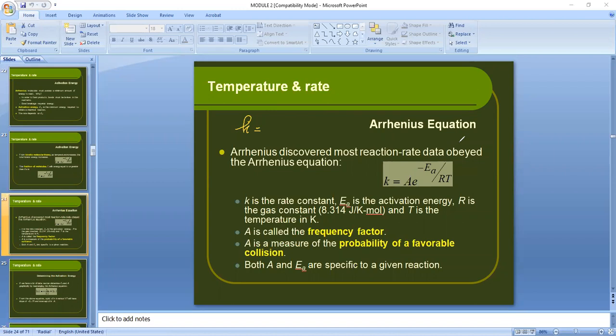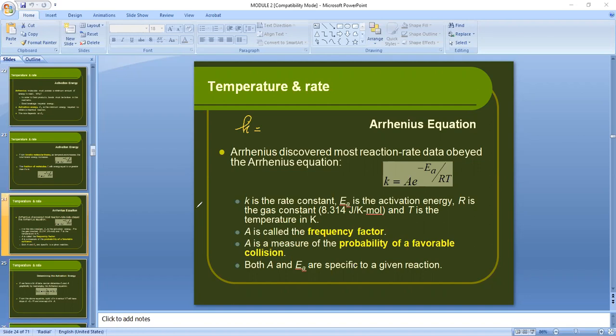You should have the correct set of units for your K. Let's say we're talking of a rate constant wherein your rate law is for a homogeneous liquid system. So what is the unit of the K? Because when you speak of gas, our rate law can also be expressed in terms of partial pressures, right?